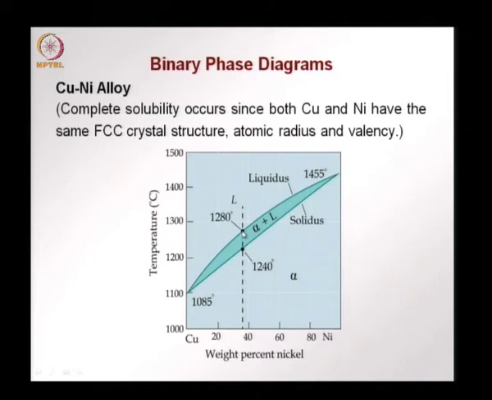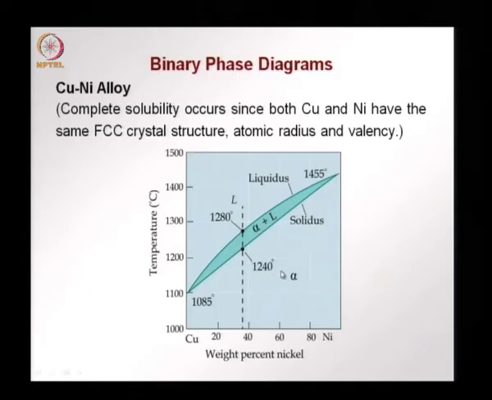So, that is where now nucleation will start. Alpha phase starts crystallizing as the temperature continues to drop, and this crystallization or solidification completes at a temperature where we meet the solidus line at 1240 degrees.